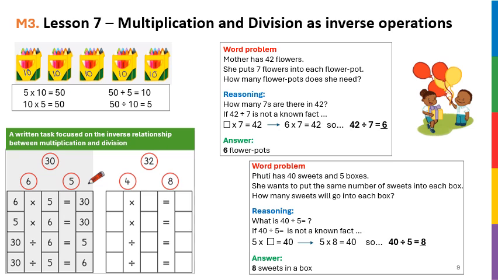Children learn the laws of multiplication as they go along, and they learn that whether you change those factors or those numbers, the answer remains the same. So 10 times 5 is also equal to 50. And if we link it to a division number sentence, we can say 50 divided by 10 is 5.